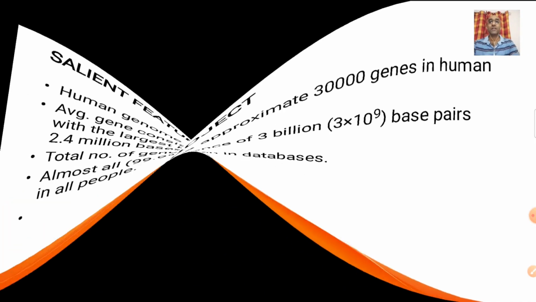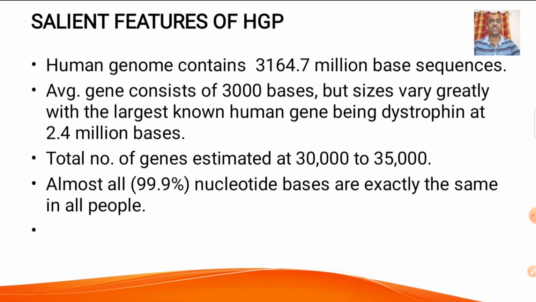Now let us know the salient features of HGP, the Human Genome Project. The Human Genome Project found out that the human genome contains around 3,165 million base pairs. An average gene consists of 3,000 bases, but it varies.